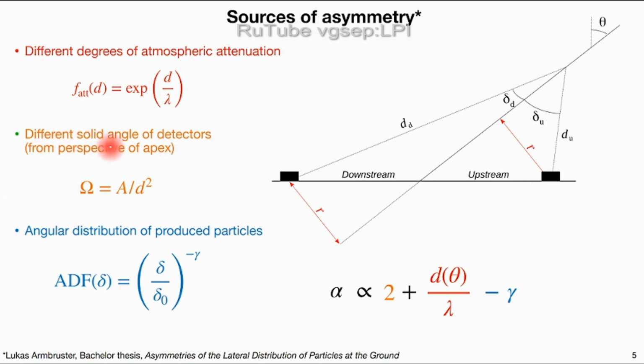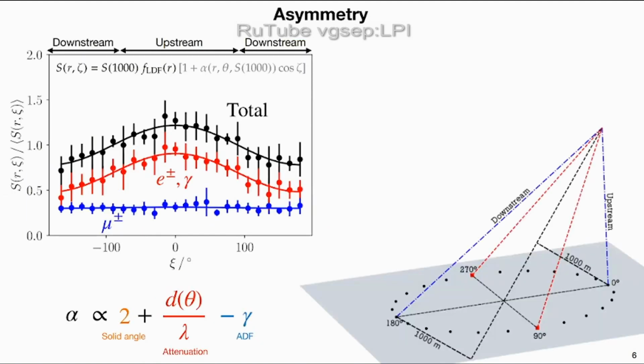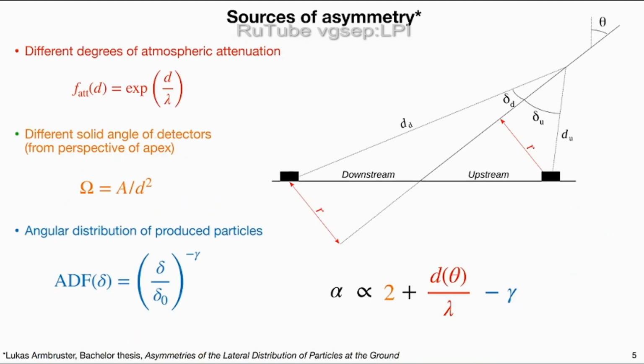The second effect is a different solid angle from the perspective of the apex. From the point of particle production, in this conical model, you look at the downstream detector, which is further away, and objects that are further away look smaller. So this station would look smaller from the perspective of the apex than this station here.